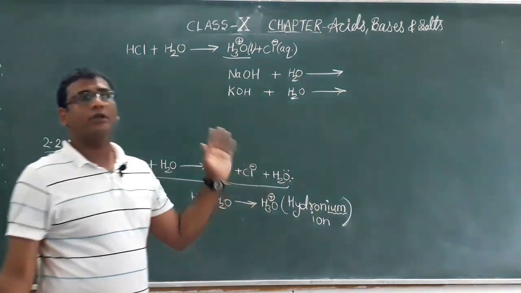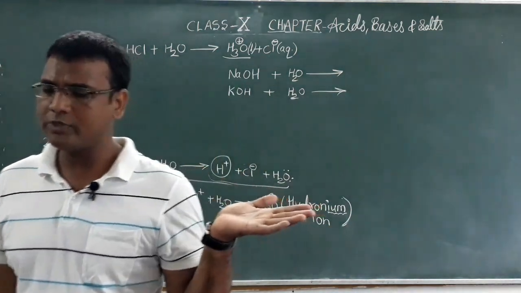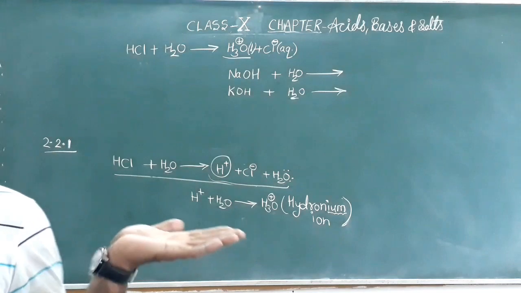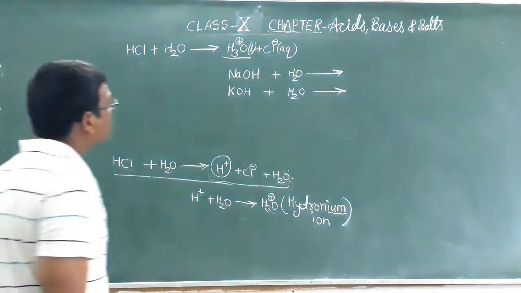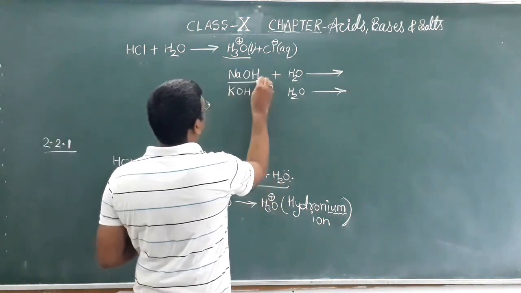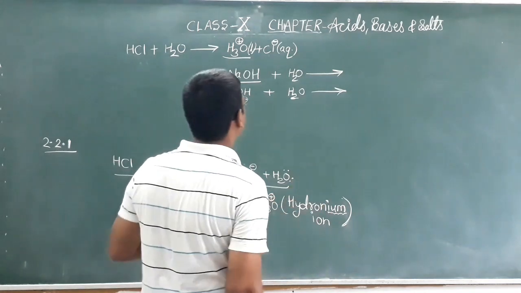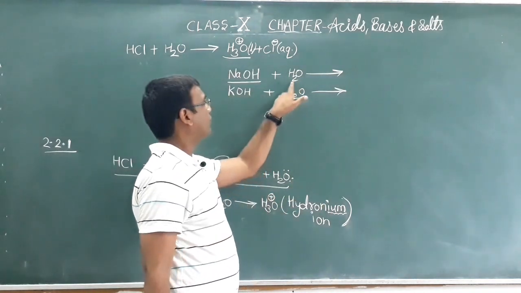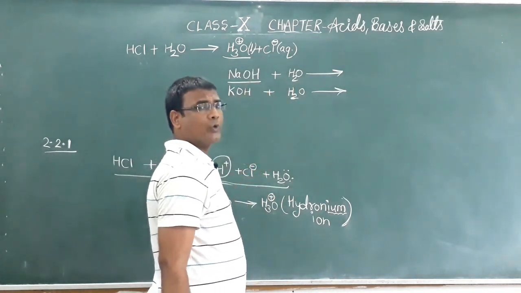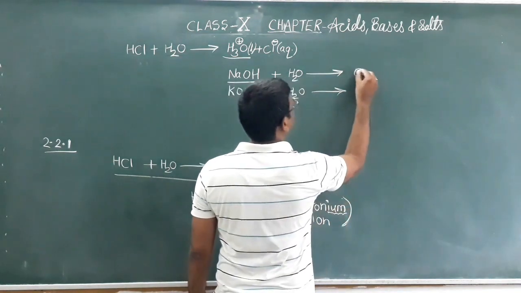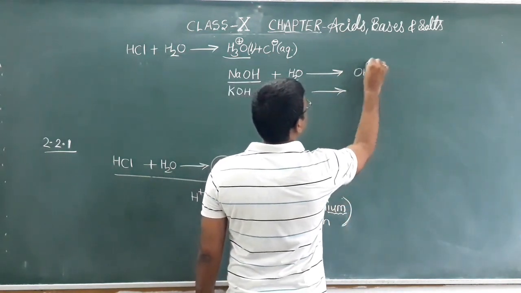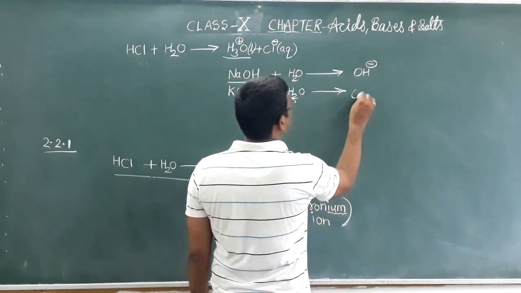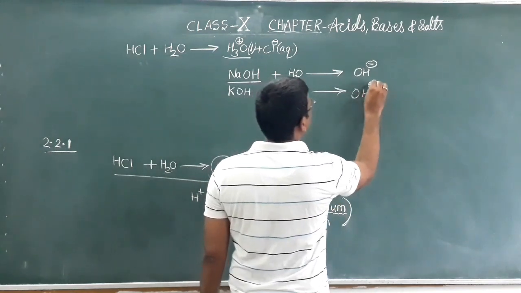NaOH and KOH, sodium hydroxide and potassium hydroxide, are bases. And what is the identification of a base? That in water it will provide OH minus ion. This will also provide OH minus ion.